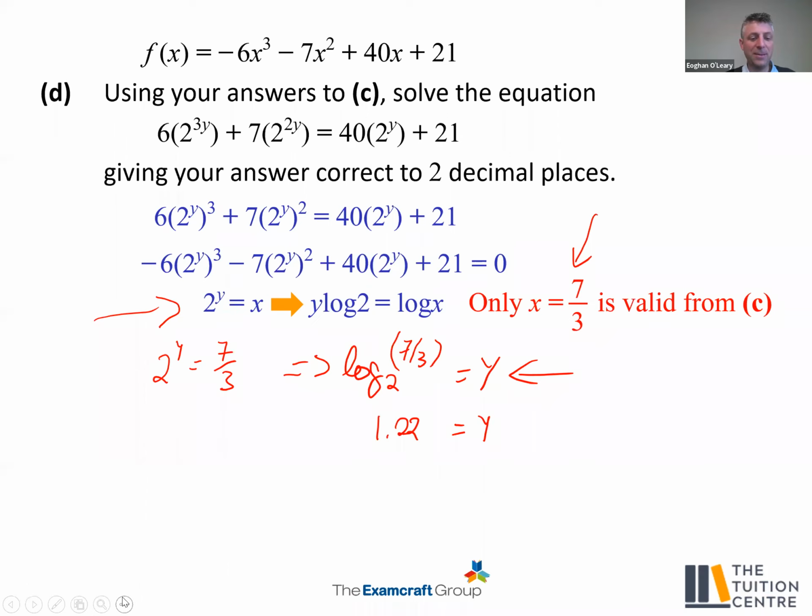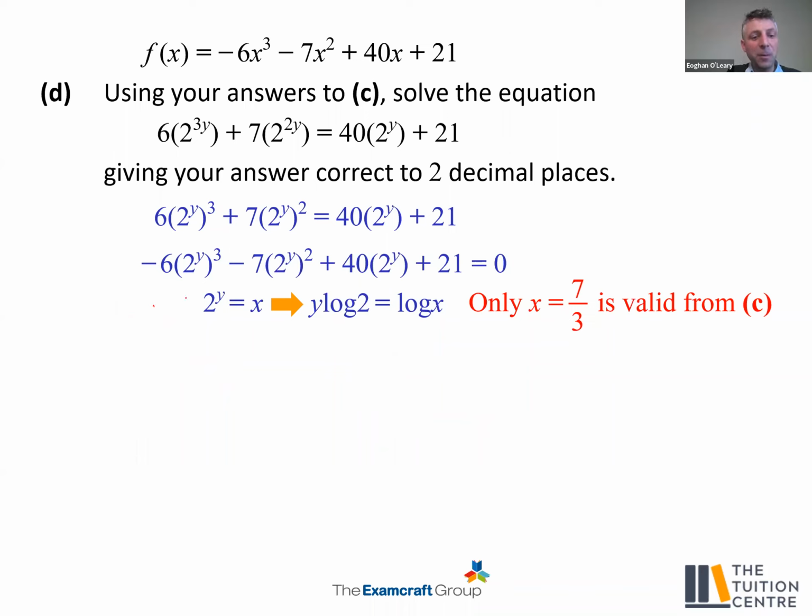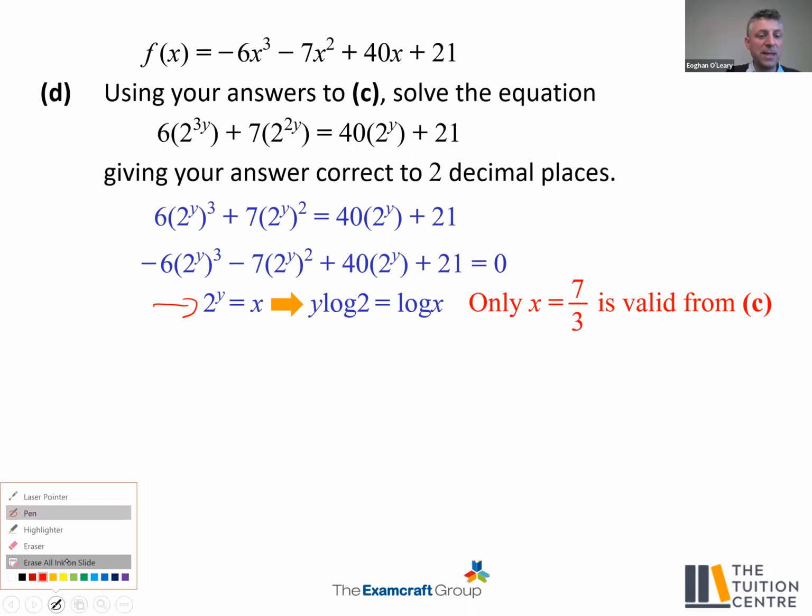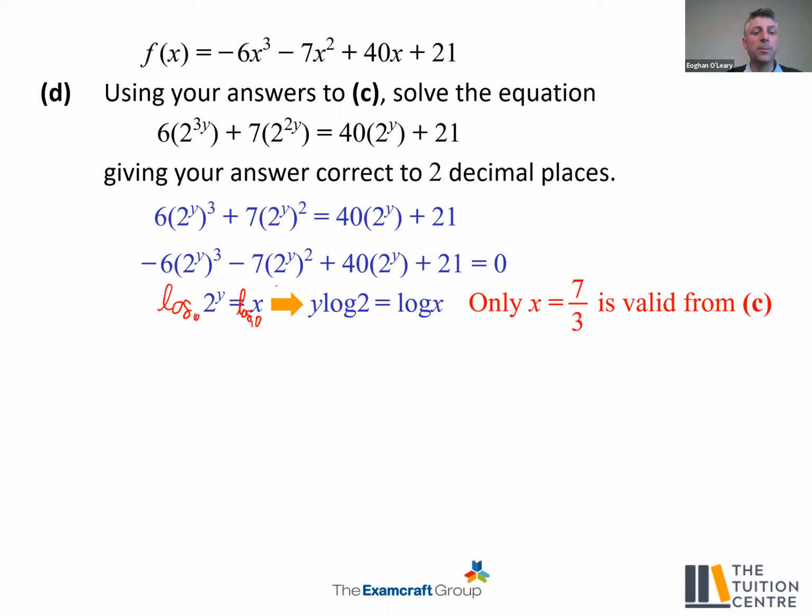Now, let me continue here and look at it a different way. If we went from 2 to the power of y is equal to x, I can take the log of both sides. So in this case, that'll be log to the base 10. Log of 2 to the power of y to the base 10 is equal to log of x to the base 10.